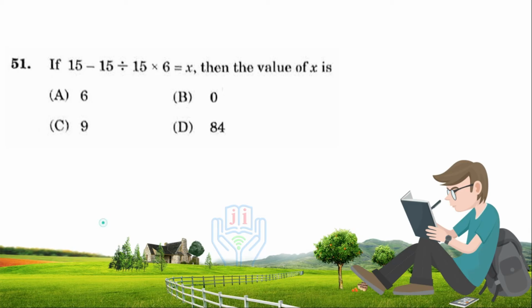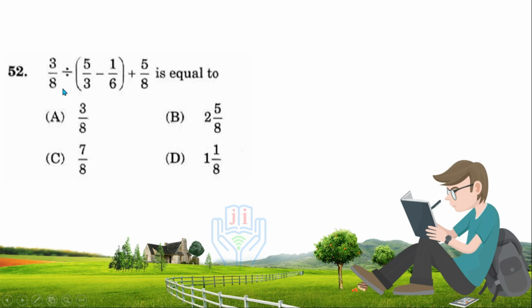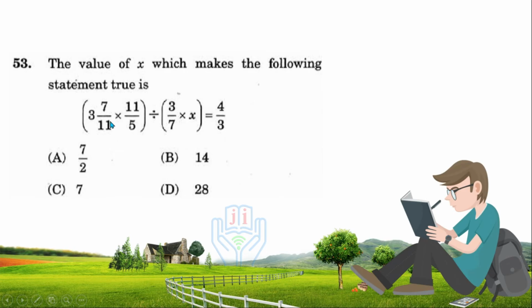Calculate and you will get the answer 9. Use the BODMAS rule. 52 question. 3 by 8 divided by 5 by 3 minus 1 by 6 plus 5 by 8 is equal to? After calculating this, the answer will be C, 7 by 8. The value of x which makes the following statement true is?